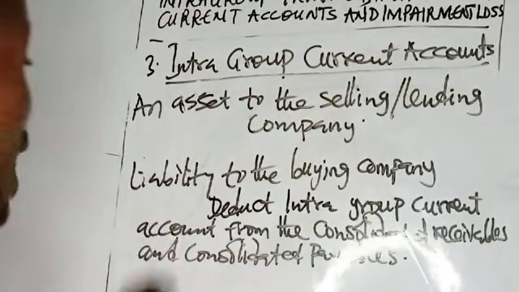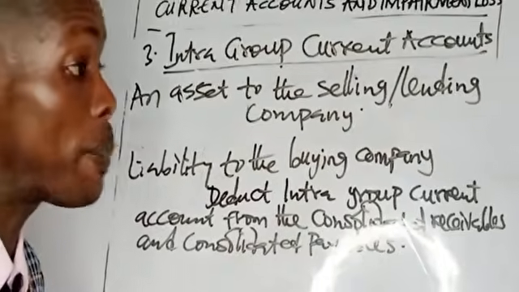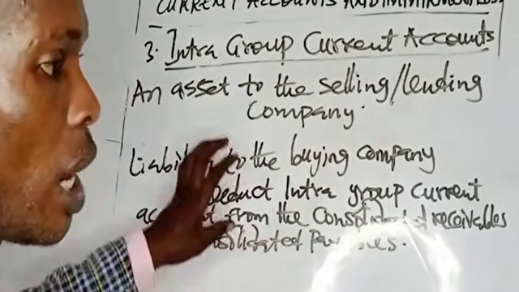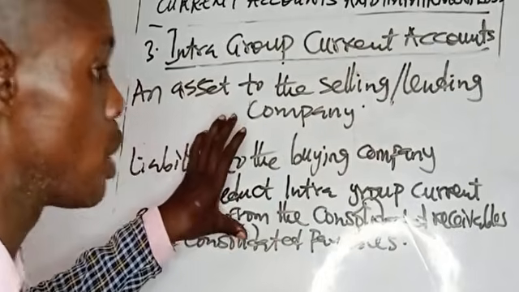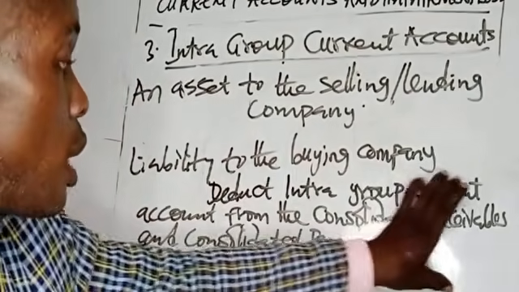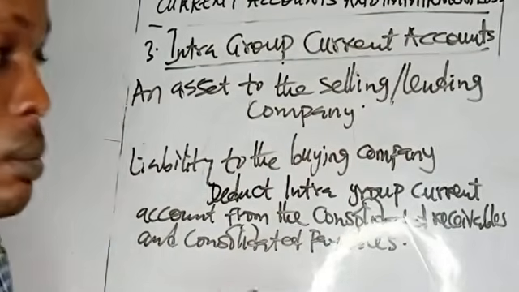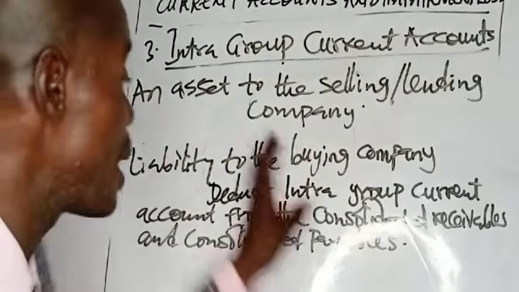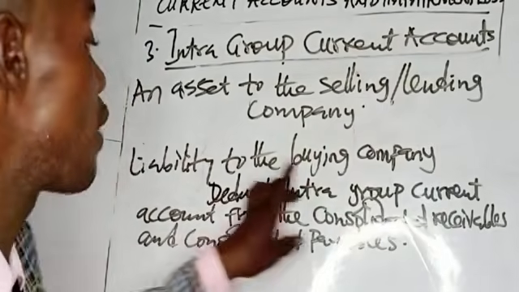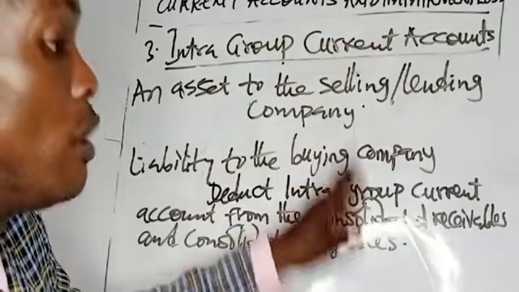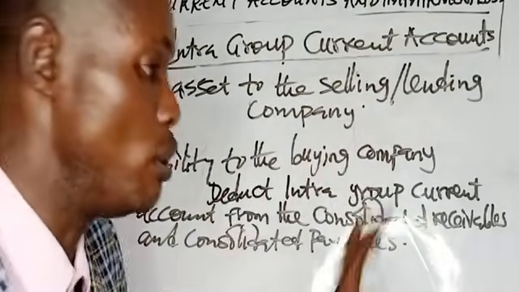So, where it is not given separately, if it is given as a separate line item, just eliminate it. But if it is not given as a separate line item, deduct it from consolidated receivables, and at the same time deduct it from consolidated payables.